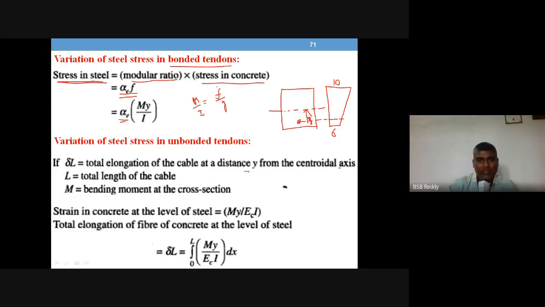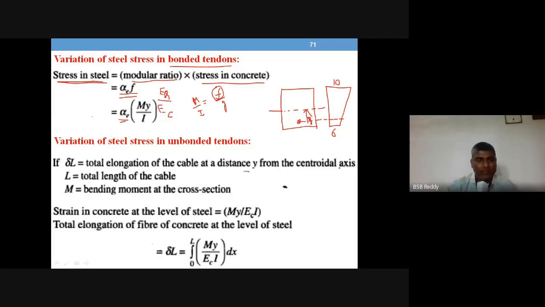Once you find the stress value, this F value, by My by I, the simple bending formula, multiply that with the modular ratio, nothing but ES by EC, Young's modulus of steel divided by Young's modulus of concrete.